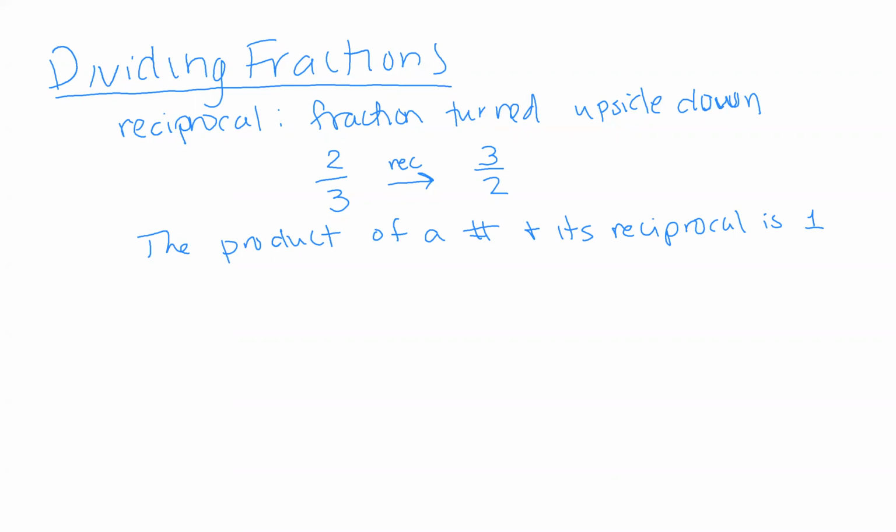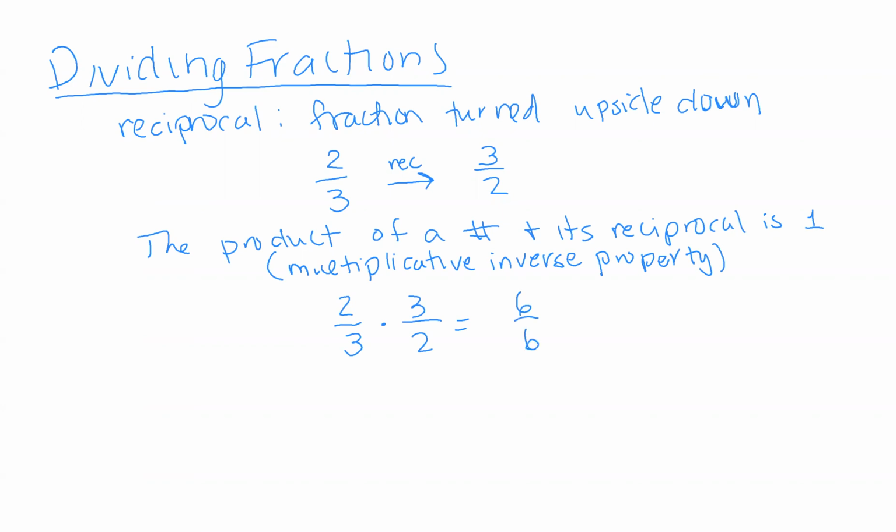We couldn't do it at that point because we hadn't introduced fractions, but basically this is the multiplicative inverse property. So a reciprocal could also be called a multiplicative inverse. The product of a number and its multiplicative inverse is 1. If we look at 2/3 times 3/2, we get 6/6 or 1. I promise reciprocals do come up with dividing fractions.